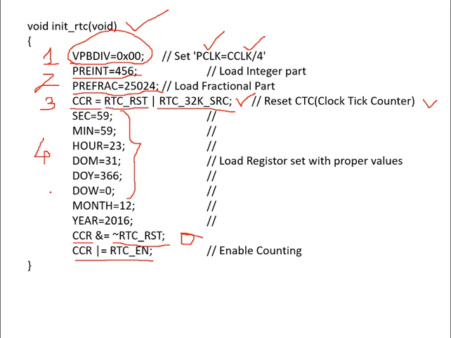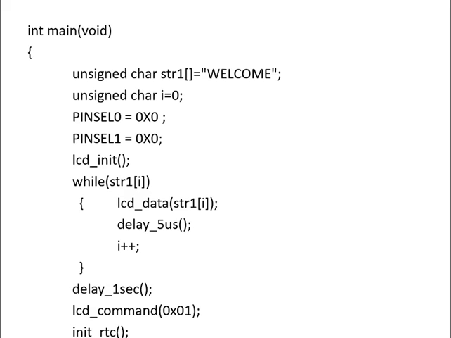Fifth is remove the reset signal so that the clock starts ticking, and sixth one is enable the counting. So these 6 steps we have taken in the initialization of the RTC. Now the main program. In the main program, we have initialized the port pins where we are going to use the LCD.